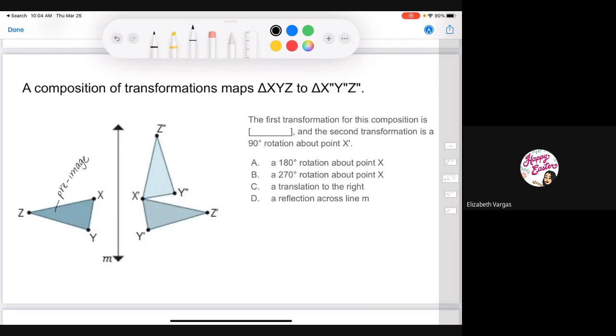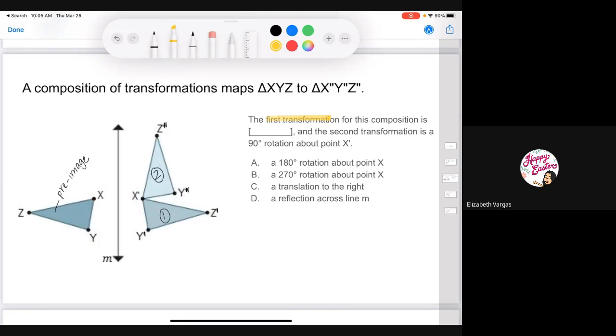Our image 1 is that with only one prime notation, and our second image would be that with two. Here we see 1, 1, and here we see 2, 2. So this asks, the first transformation for this composition is, so we're looking for the first transformation, and it's already telling us the second transformation is a 90-degree rotation about point X.